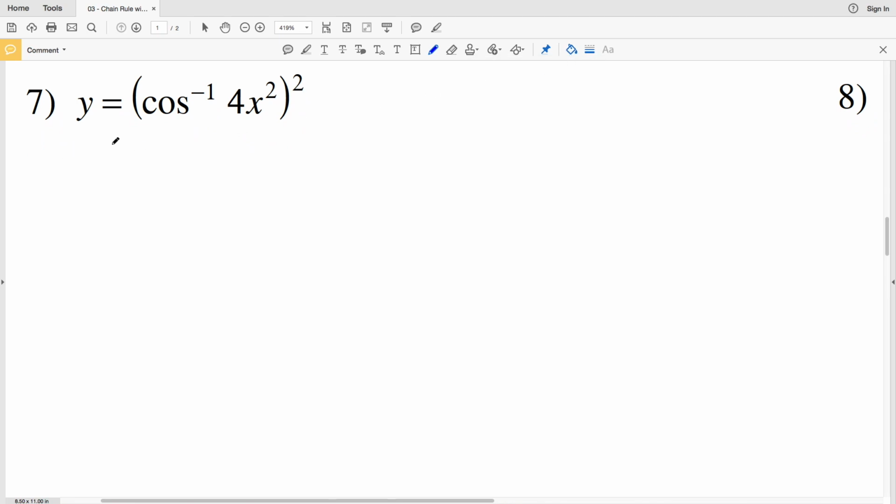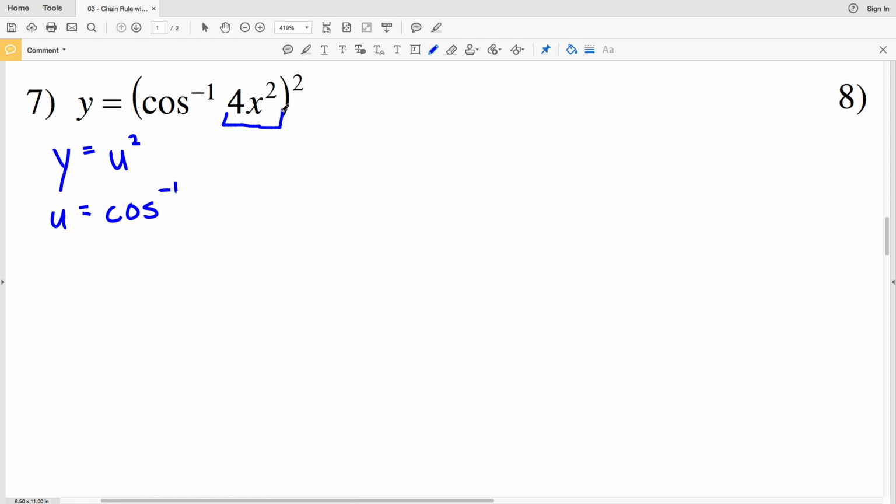In number 7, we have y equal to the cosine inverse of 4x squared, squared. So the function squared is my outermost function. So y is going to equal u, that function squared. And u, we can see, is the inverse cosine of 4x squared.